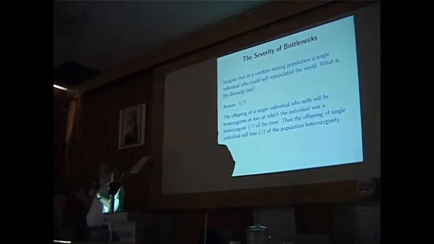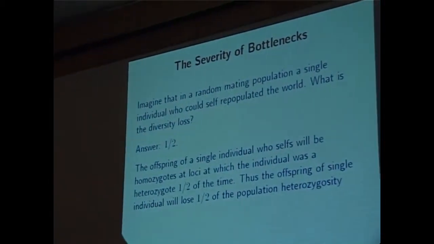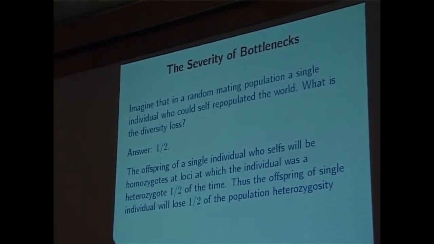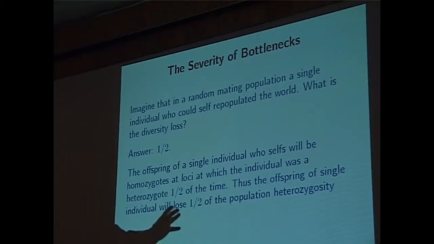Instead of imagining that all humans except Maya were gone and Maya repopulated the Earth, let's imagine that one human repopulated the Earth. Now, we can't do this. I can't self because I can't make eggs. But imagine that I could self. Imagine that we could create a new generation that was all made by 2 gametes from me.